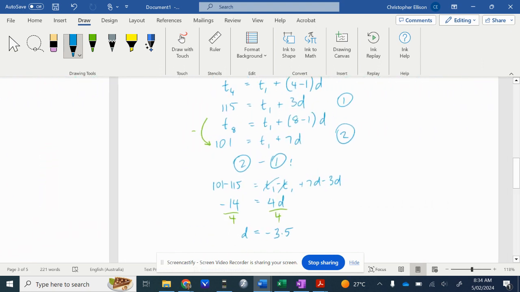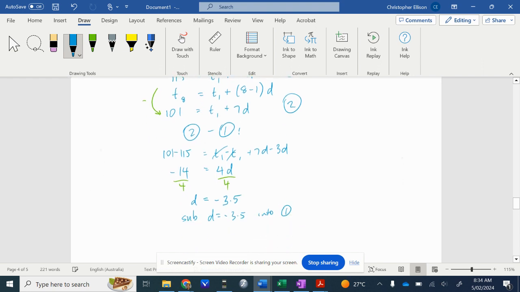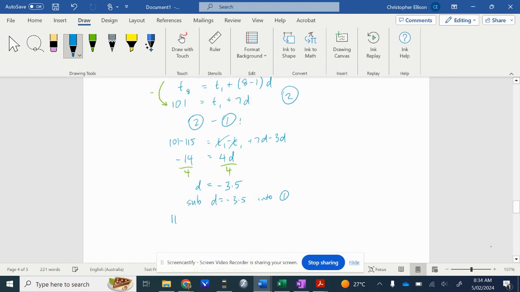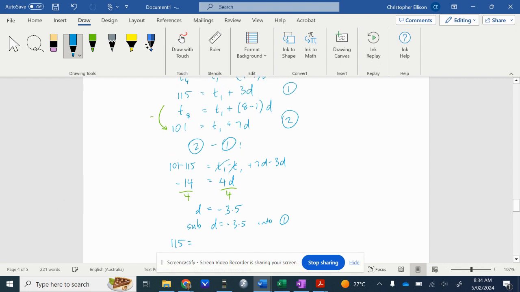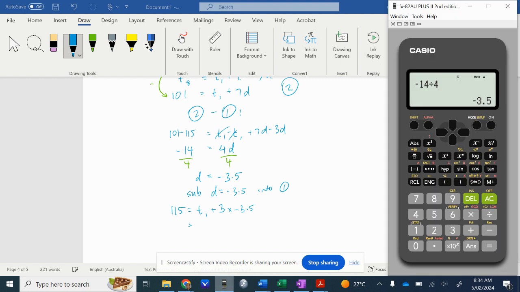All right, let's keep on going. We're going to sub that back into either of the equations. Probably one is fine. Sub D equal to negative 3.5 into equation 1. So that's 115, just looking up here, is T1 plus 3 lots of negative 3.5. Okay, and so 3 times negative 3.5 is negative 10.5.